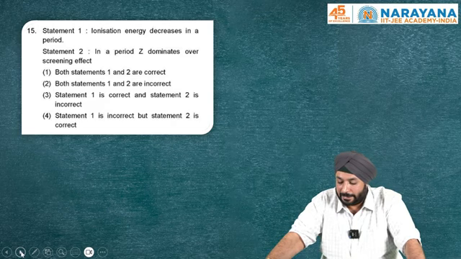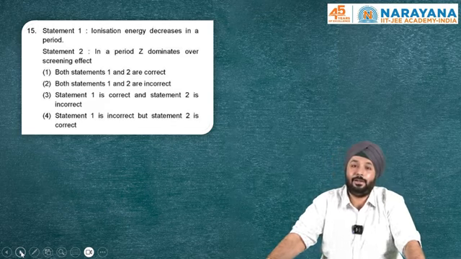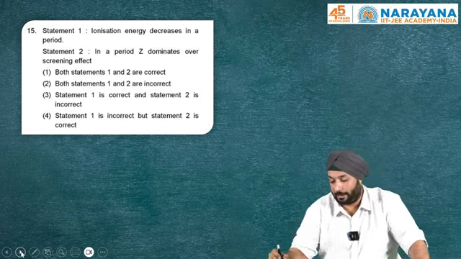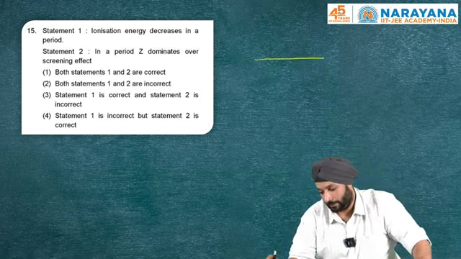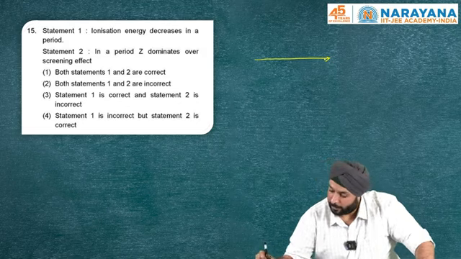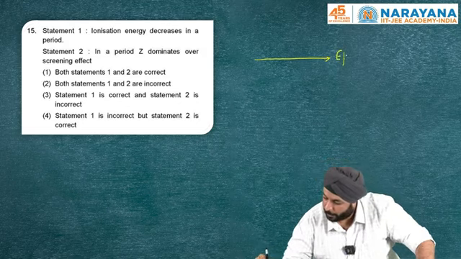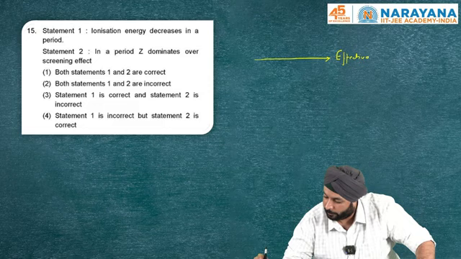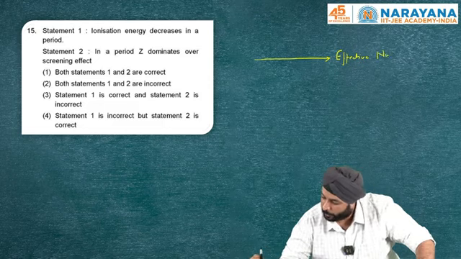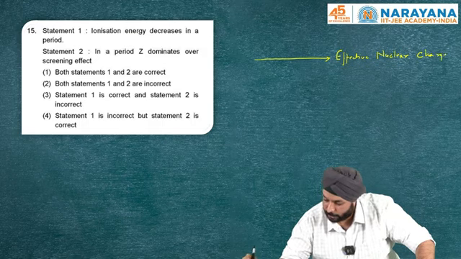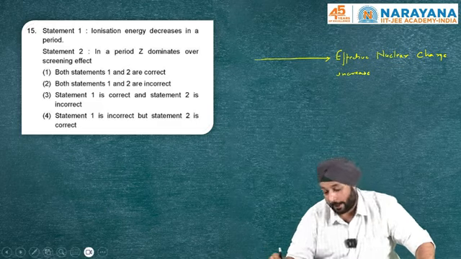Question number 15, statement 1: Ionization energy decreases in a period. Every one of us knows that on moving along a period, effective nuclear charge increases. Why does it increase?